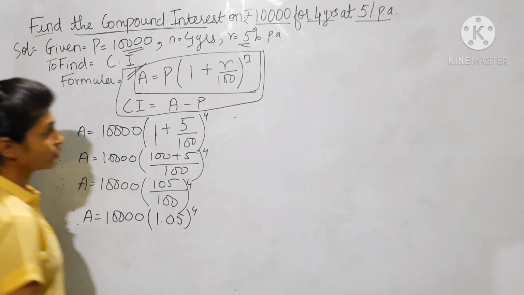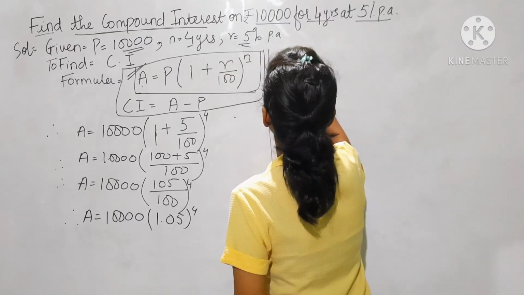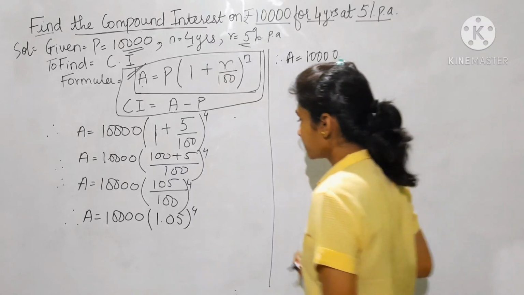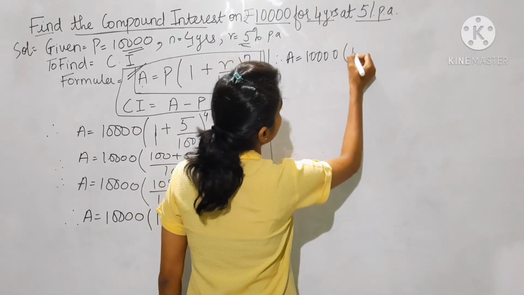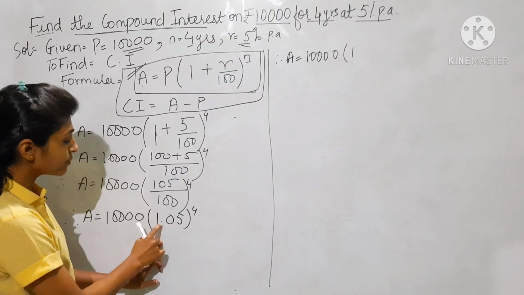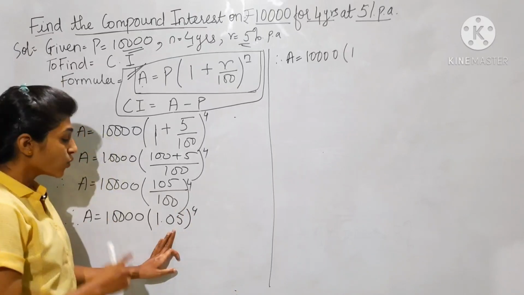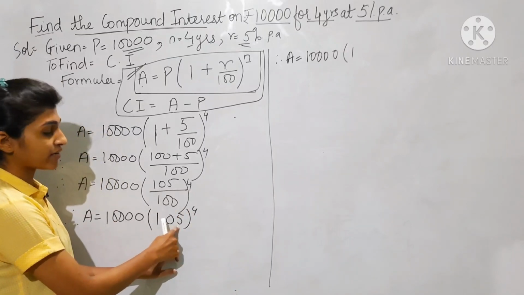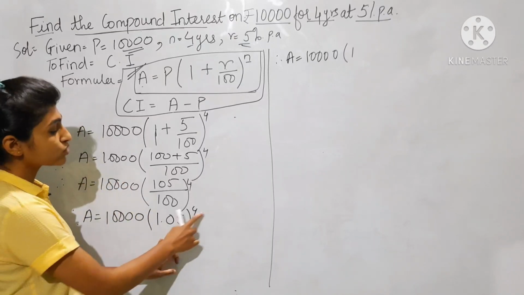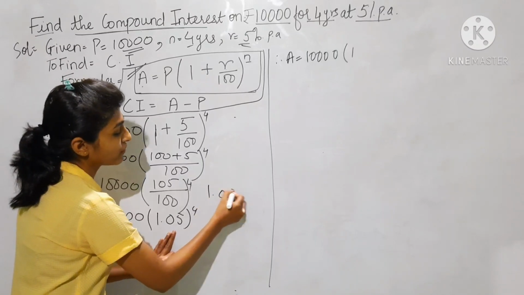Next, what you have to do? A is equal to 10,000 bracket. Now raised to 4 means what? You have to multiply 1.05 4 times. Some students will do 1.05 into 4.